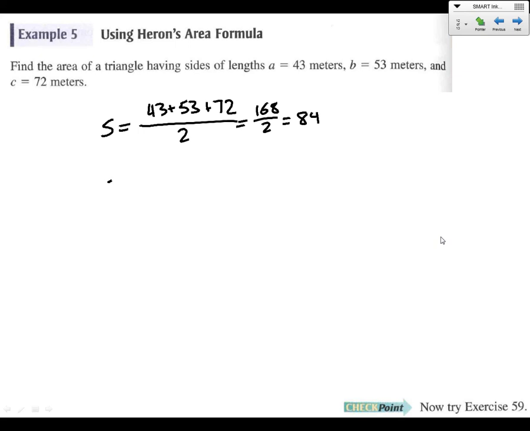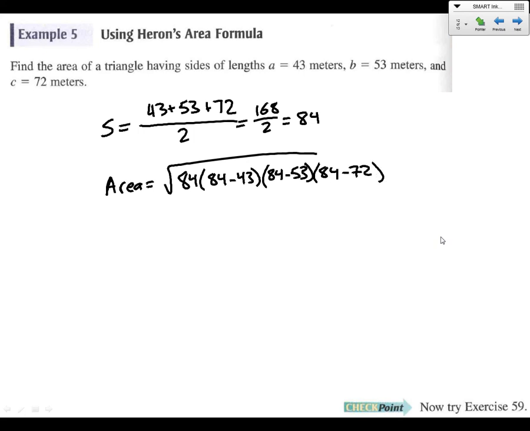So then we're going to say the area equals the square root of S times S minus A times S minus B times S minus C. All right, so we're going to have the square root of 84 times 41 times 31 times 12, and to the calculator we go.